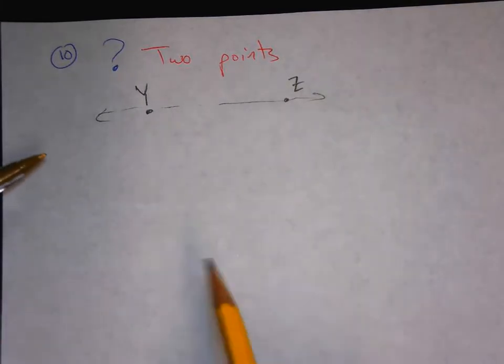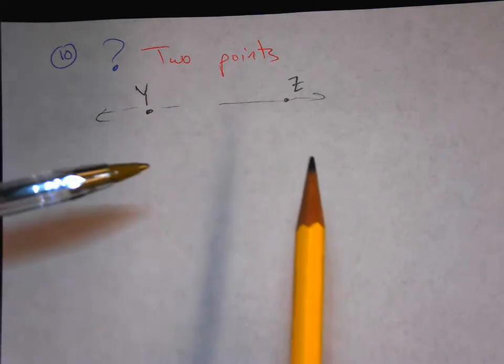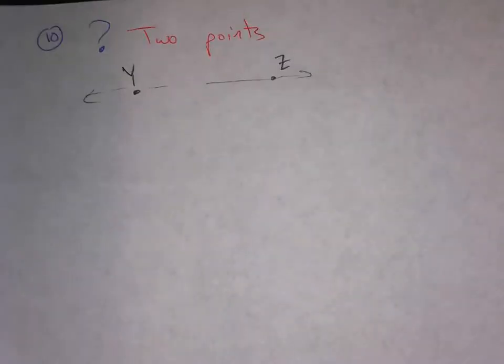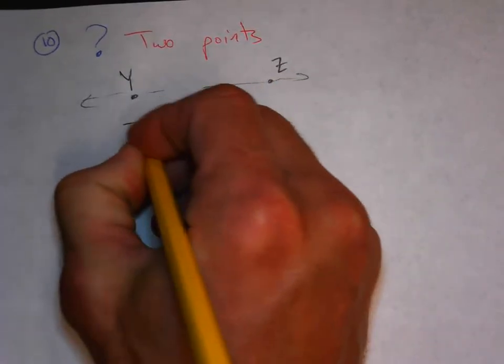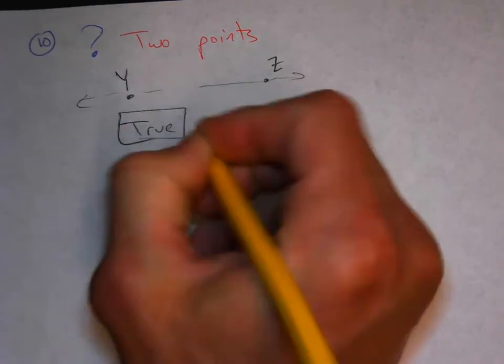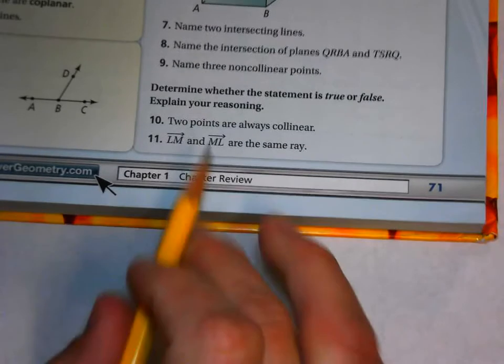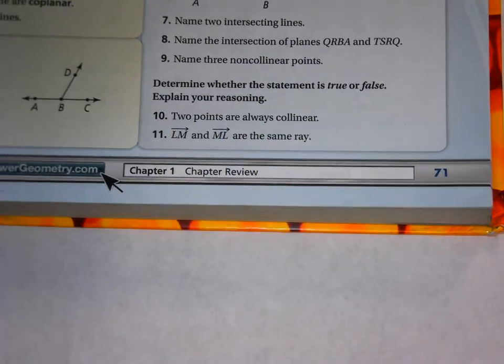If I had another point here, Y, and maybe a point here, Z, that would be collinear. It seems I cannot even visualize any 2 points that won't be collinear. So number 10 happens to be true. 2 points are always collinear. Isn't that cool?